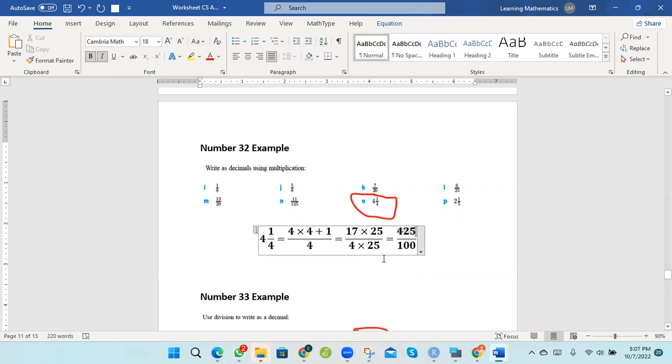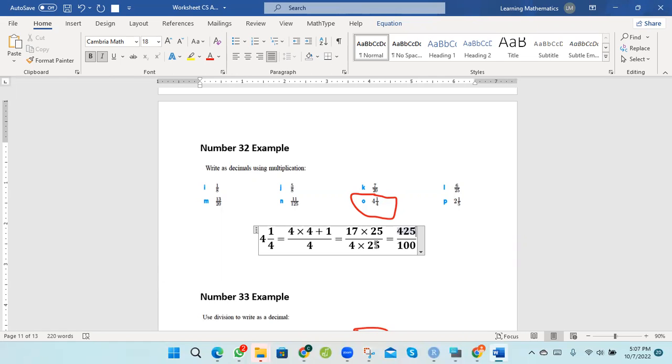Let's go over this again. You have 4 1/4. You convert it to an improper fraction. Now you want to convert it to a decimal using the technique of multiplication. The whole idea is to multiply 4 by a number to get another number with 1 and some zeros. So you look to see if 4 can go into 10, because 10 is a number with 1 and a zero, but 4 cannot go into 10. So the next number with 1 and some zeros is 100, 1 and 2 zeros.